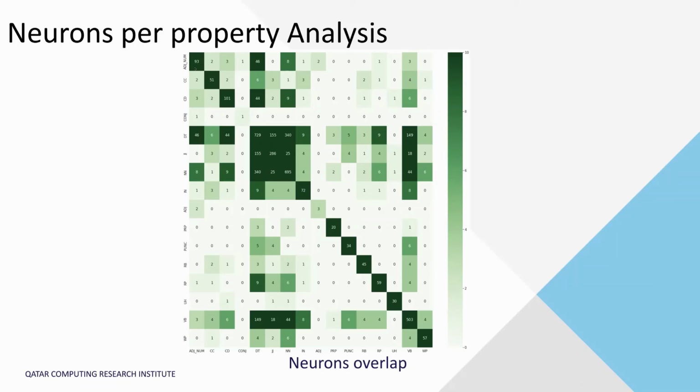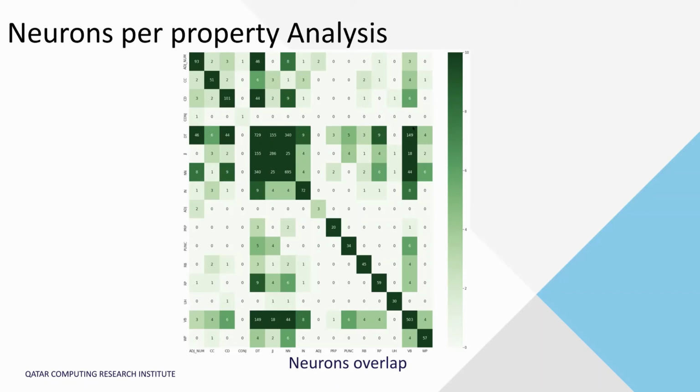There is always a case where the conjunction is attached to the noun, or attached to the adjective, and so forth. Also there are a lot of cases where the determiner is co-located or coexists with the conjunctions.